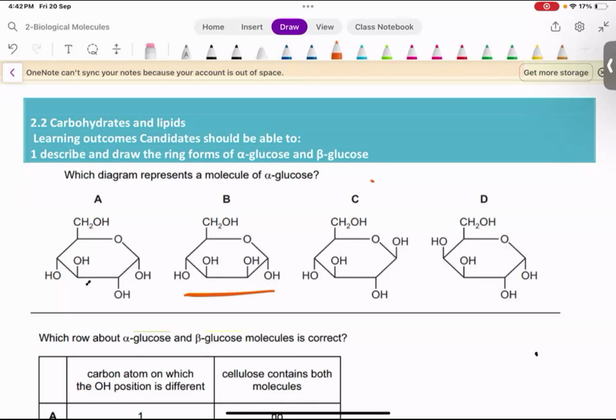Yes, A is correct. As the second carbon atom's OH should be down, not up. Yes, this carbon number 2 has OH down instead of here. So this is wrong. What is the problem in option number C?